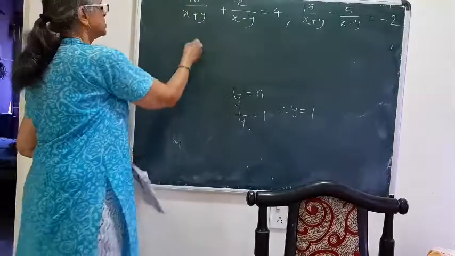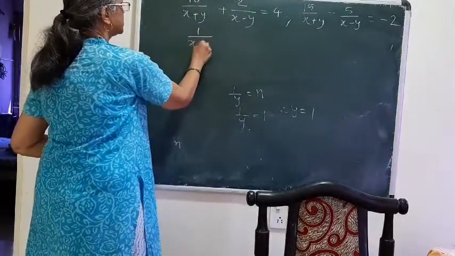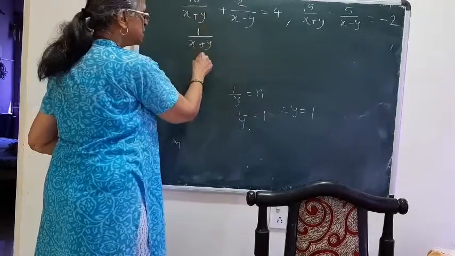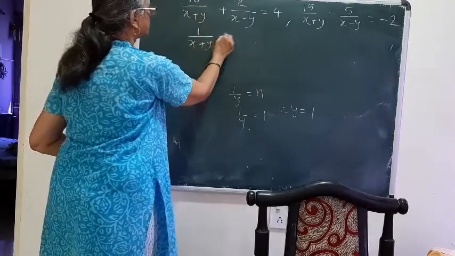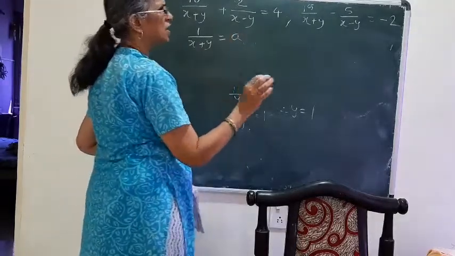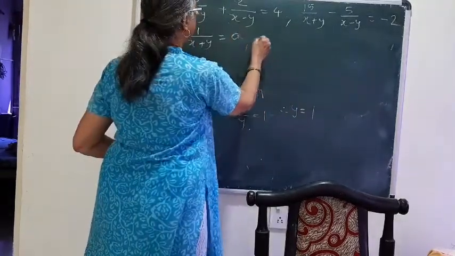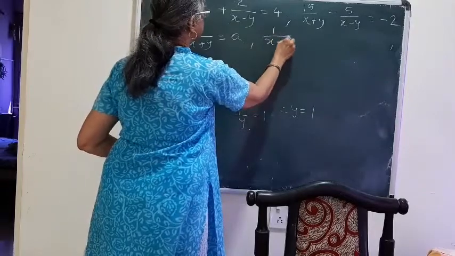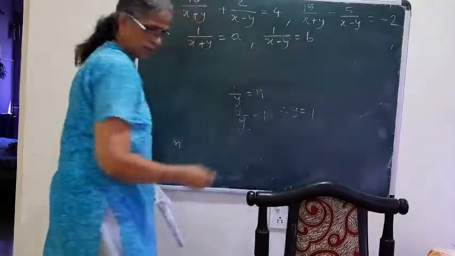So we will make an assumption for 1 upon x plus y, because x plus y is in the denominator. Suppose we consider it as a, any variable you can consider other than x and y, and we consider 1 upon x minus y is equal to b.